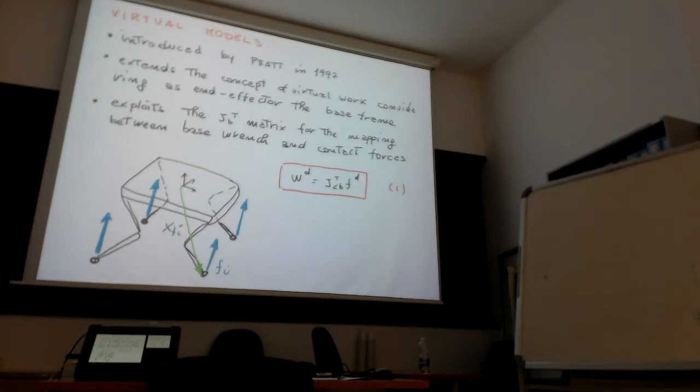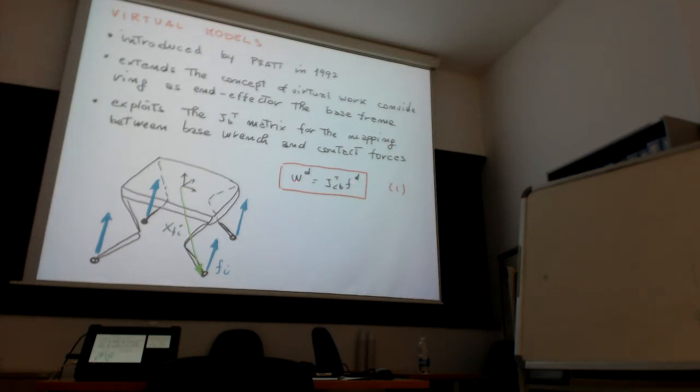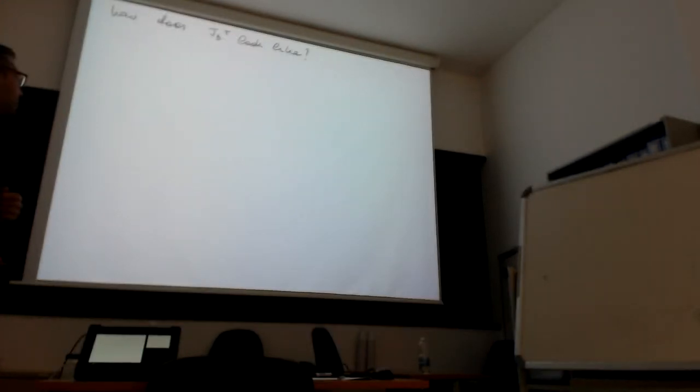Note that the contact force lives in a k-dimensional space, which is normally bigger than the 6-dimensional space where the base wrench lives. Because we are talking about quasi-static motion, we can make a quasi-static assumption and completely neglect inertias, so we can map these forces into contact forces and back into torques. We can even have a gravity term here, which you will find in the next exercises.